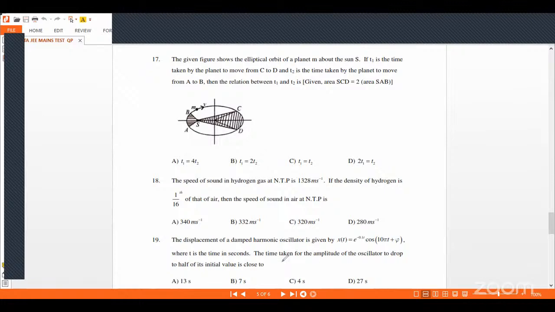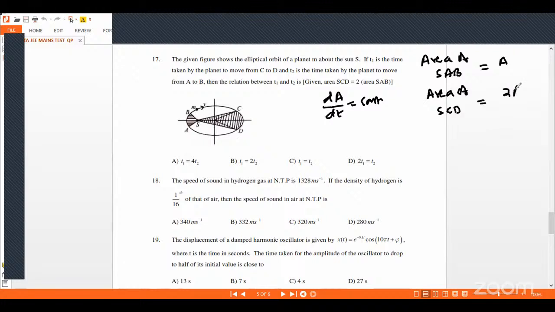According to Kepler's second law, we know that dA by dt is equal to constant. Suppose the area of SAB equals A. In the given question, they gave the condition that the area of SCD is 2A.